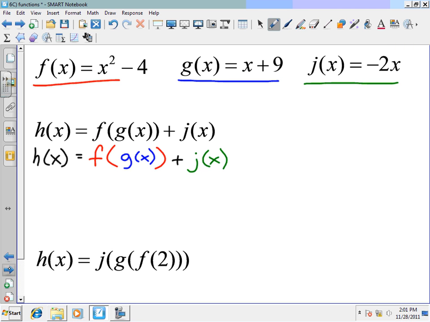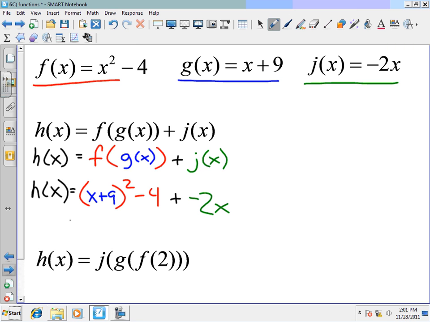So f of x is quantity squared minus 4, and then the j of x is simply this -2x. Okay, so we're just adding a negative sign there. And notice I'm going to plug in the g of x, which is x plus 9. So this is all what h of x is. So notice I'm just organizing it here.